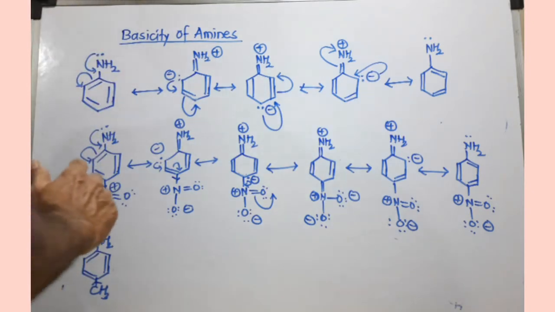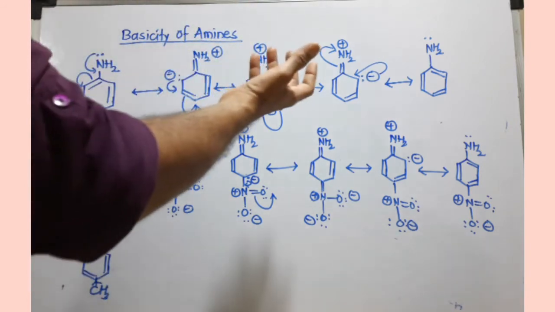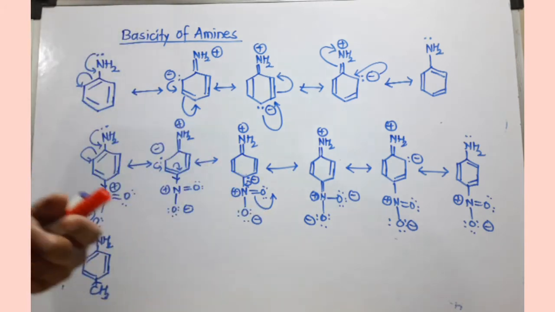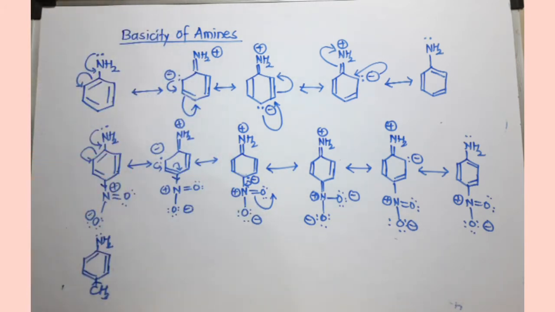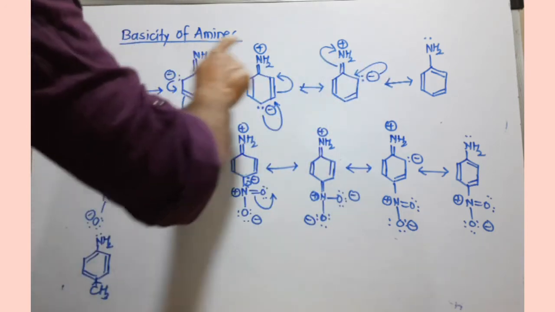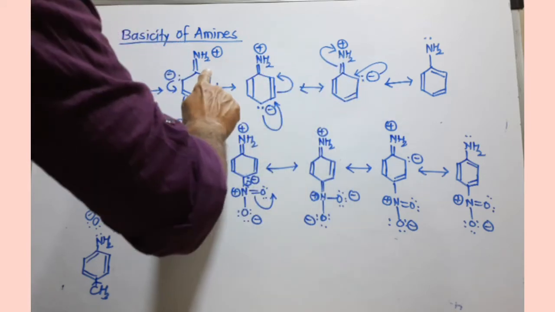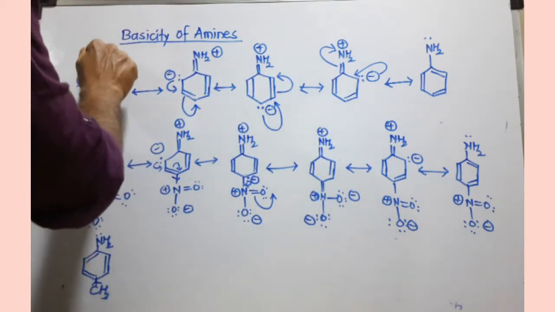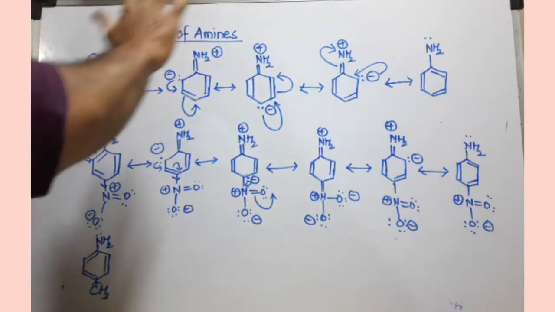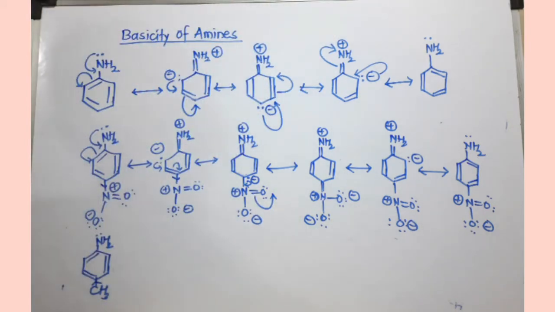But in case of aliphatic amines, since no such kind of resonance is possible, aliphatic amines are more basic as compared to the aromatic amines, and the reason is resonance. You can see here there is no lone pair in these three resonating structures. That means this lone pair is less available on the nitrogen for donation, and this fact decreases the basicity of the aromatic amine.